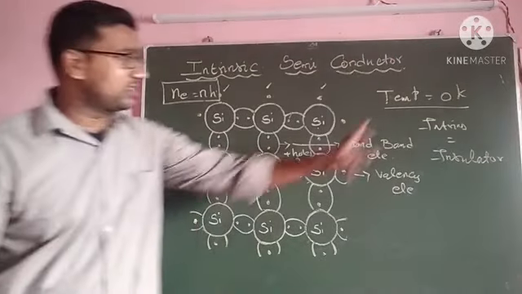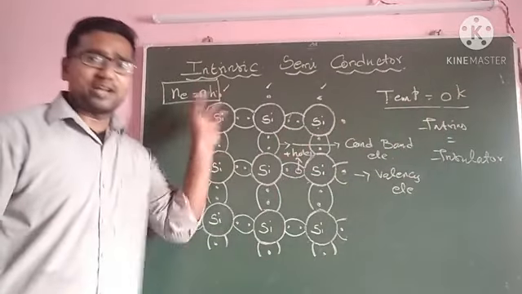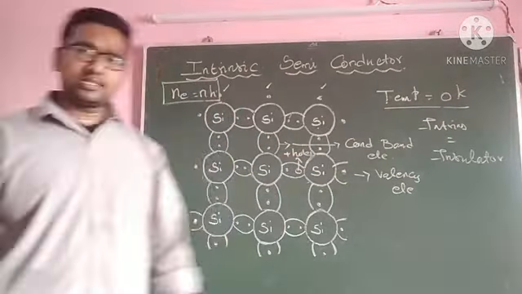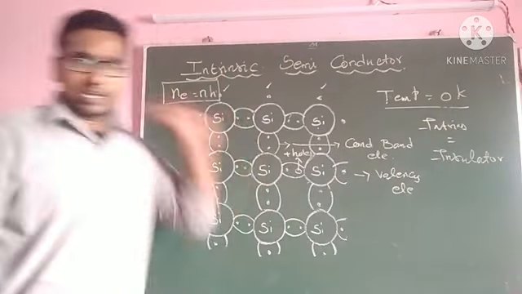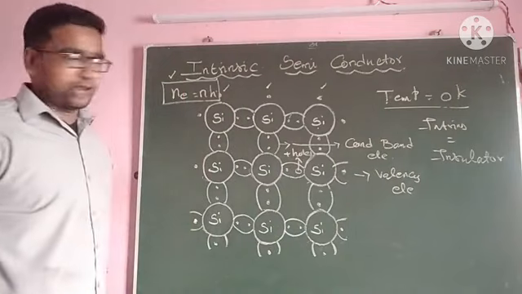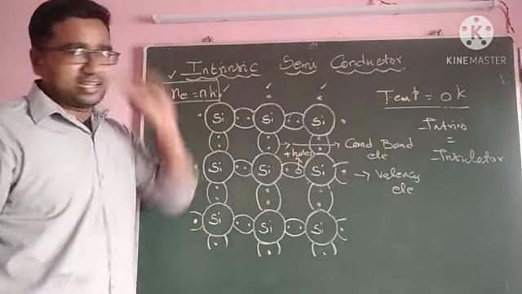In the same manner, at 0 Kelvin, the intrinsic semiconductor has no charge carriers moving from one point to another. That's why at 0 temperature, an intrinsic semiconductor is equivalent to an insulator. Very important one: the number of electrons is equal to the number of holes in an intrinsic semiconductor.